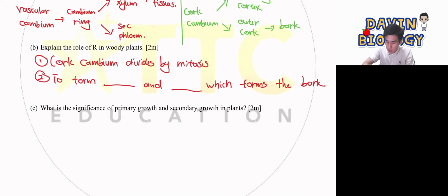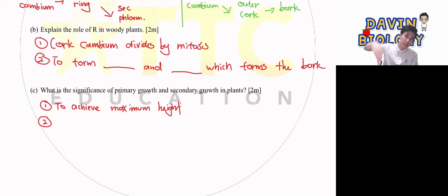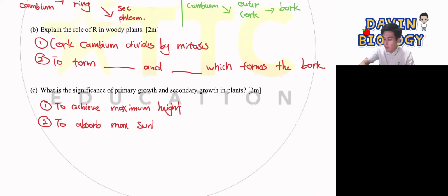Number one is to achieve what we call maximum height. Why do you want to grow taller? Obviously, what's up there? Sunlight, photosynthesis. To absorb maximum sunlight for photosynthesis.